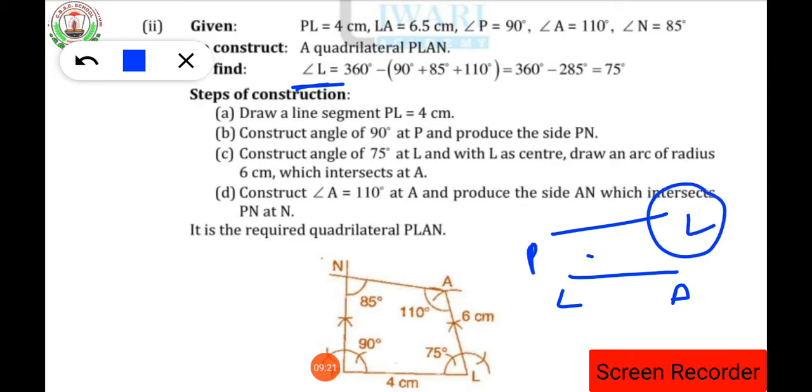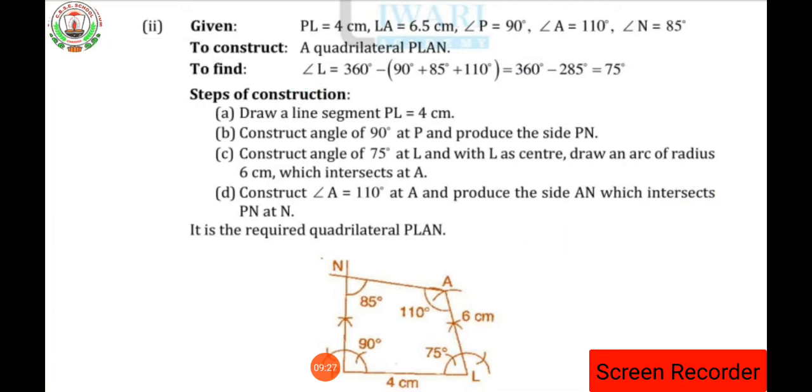This L will come as a base of the quadrilateral. That's why we have to find the angle L over here. Have you understood why we are finding angle L? You will ask me, teacher, why can't we draw it without finding it? Since the L will come at the base of the quadrilateral, that's why we are going to find angle L.